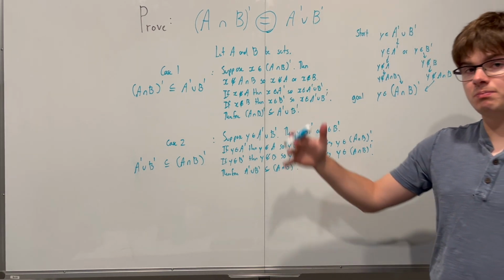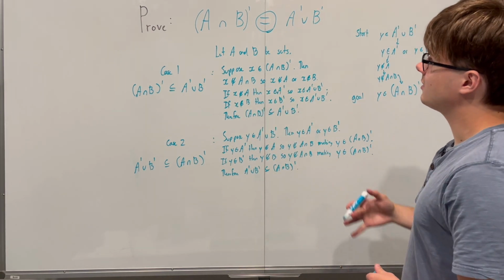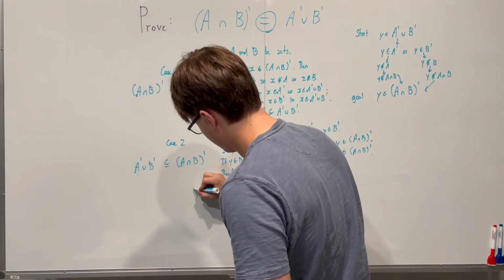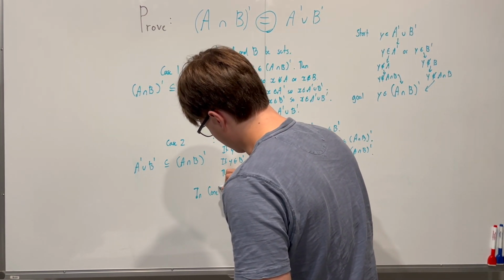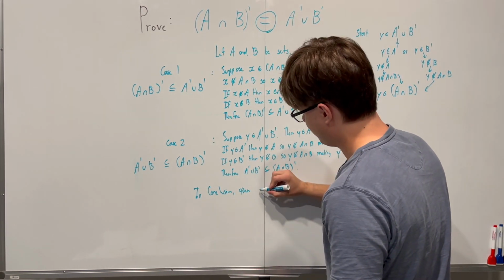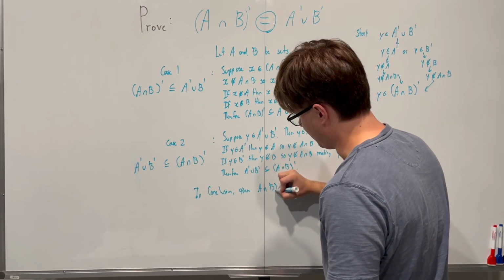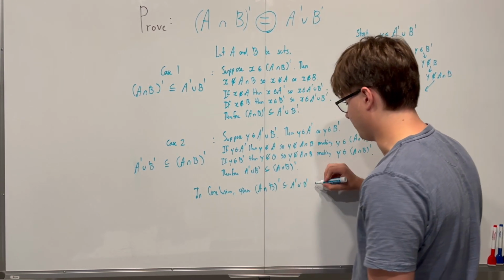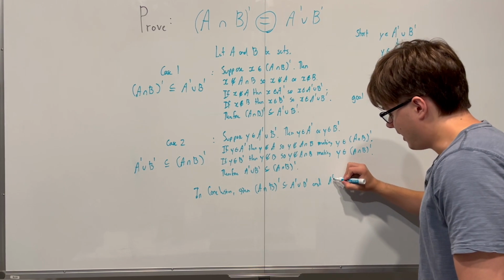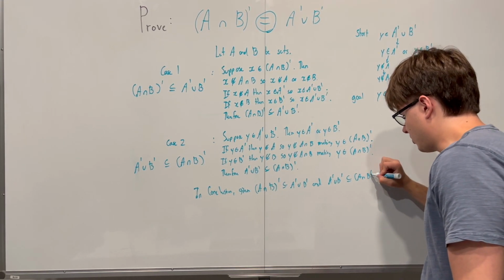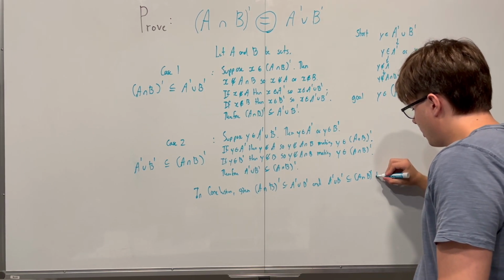Fantastic. So now that we've shown both cases to be true, because that's true and that's true, this must be true. So we can write, in conclusion, given A intersect with B, the complement of A intersect with B is a subset of A complement union B complement, and A complement union B complement is a subset of the complement of A intersection with B, like so.